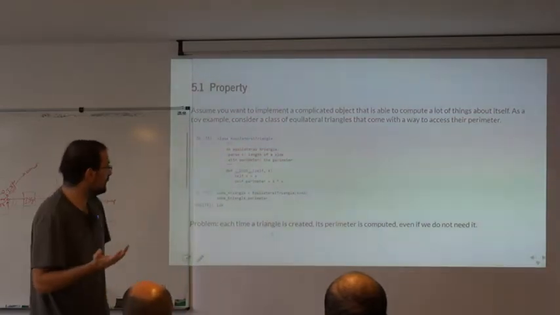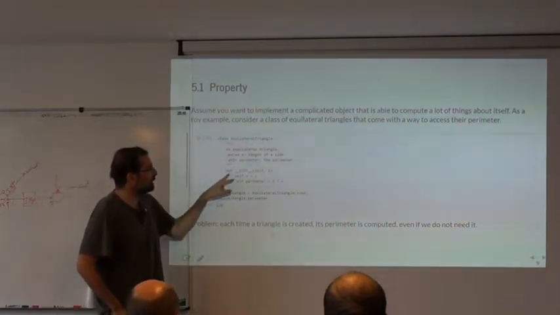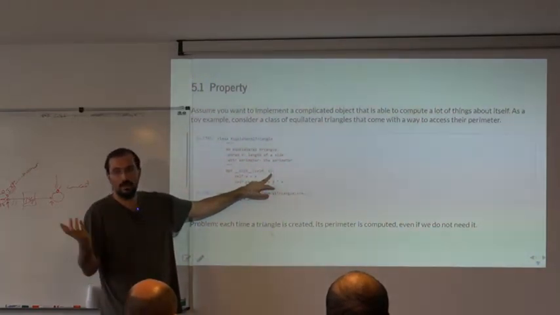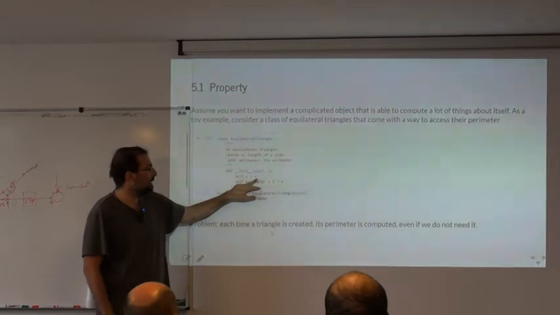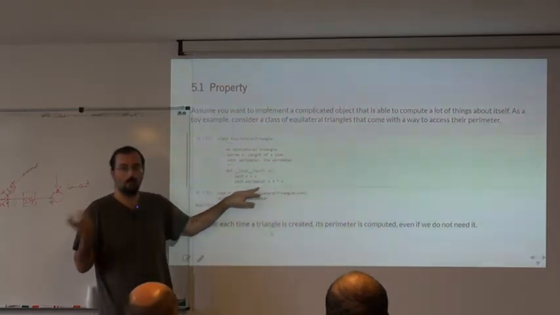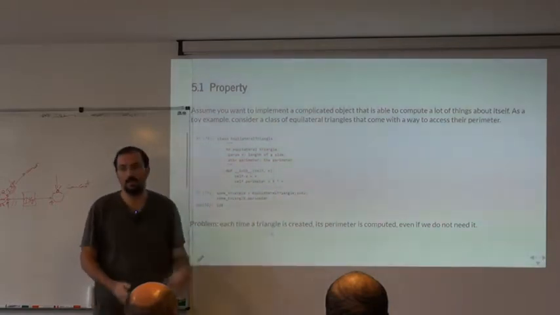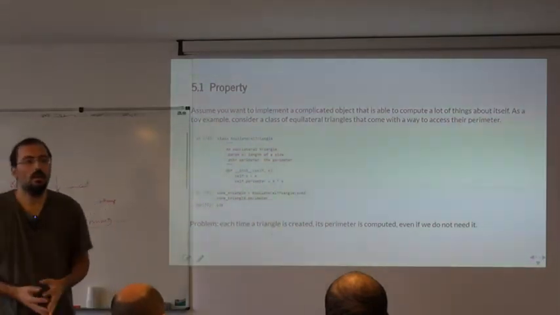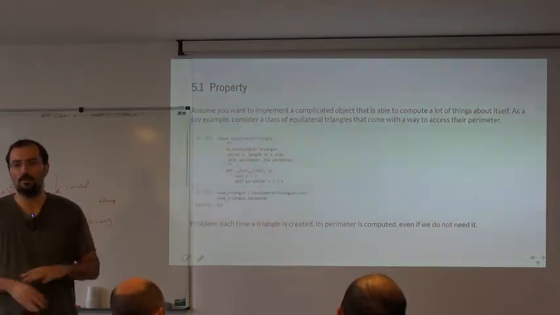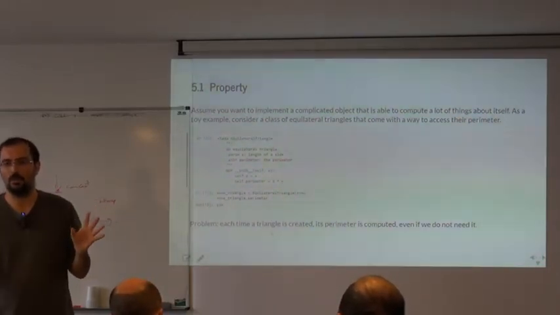So one way to do this is to say, okay, when I initialize an equilateral triangle, I will take as input the length of the side. And since I want to be able to access its perimeter, I will compute it right now and say, okay, it's 3 times x. Of course, here it's a very cheap computation, but imagine that you have a very costly computation.